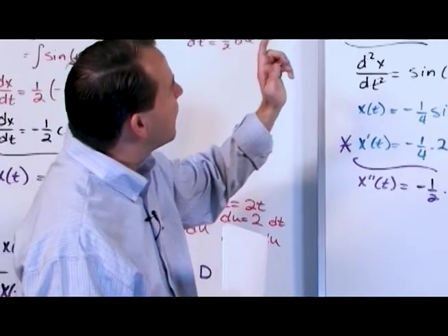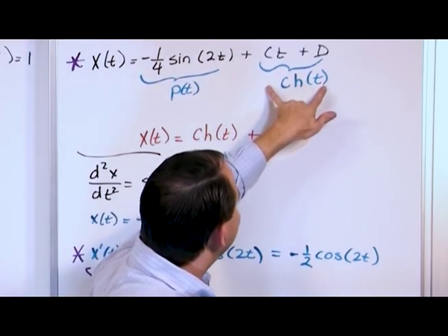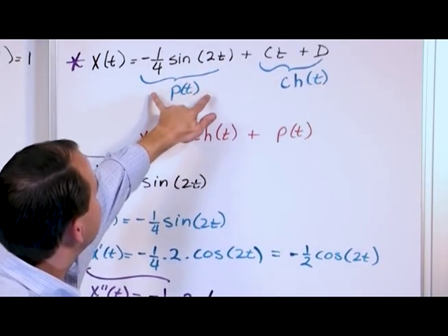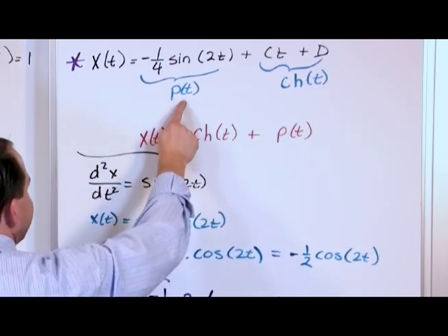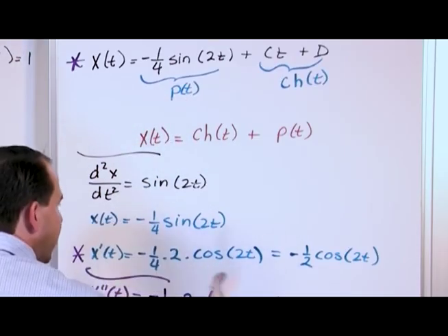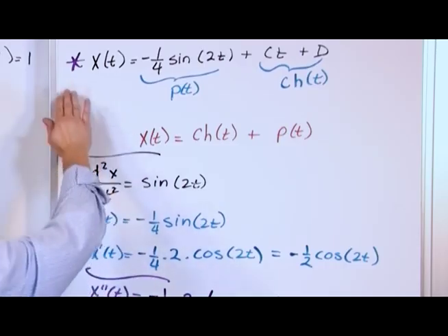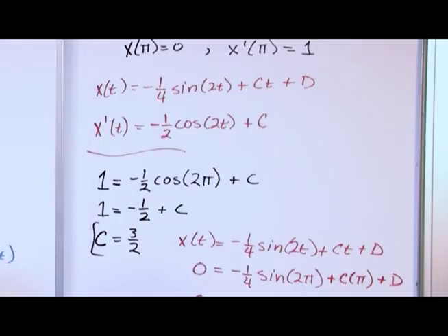And I took time to point out to you that this general solution includes a solution to the homogeneous version, when the forcing function is 0, plus a particular solution. Okay, and I proved that if we take this particular solution, that when you plug it in, it really and truly is a solution. So that was sort of a little bit of a detour to show you that. Once we have this general solution, we just plug in our initial conditions.